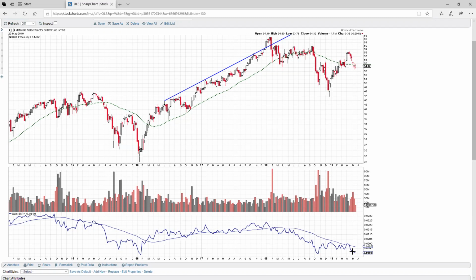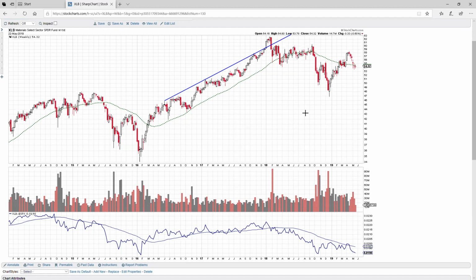We have no reason to think that this downtrend isn't just going to remain in force. It's down here at these lows of 2016, so possibly we can get some kind of an oversold bounce here. But until we can get the relative strength above its downtrending long-term moving average, and then show an ability to start making higher lows, I would only be watching materials and keeping an eye on them.